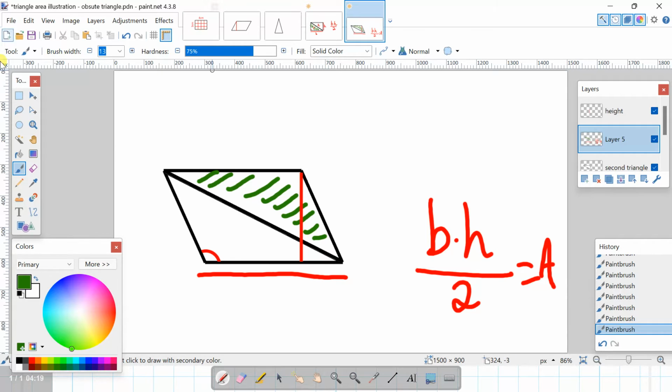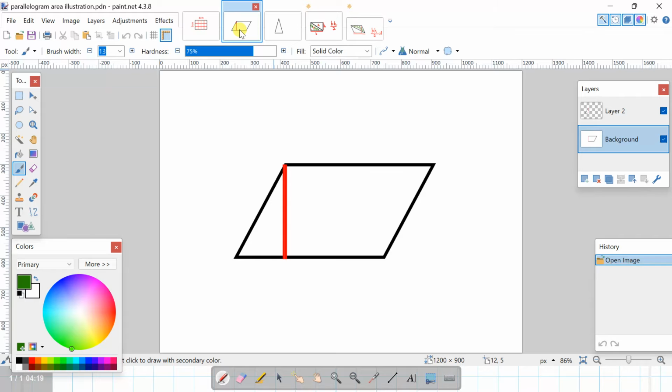And to illustrate why the formula to calculate the area of a parallelogram is base times height. Okay, so this is a parallelogram, and I've already marked the height of the parallelogram.